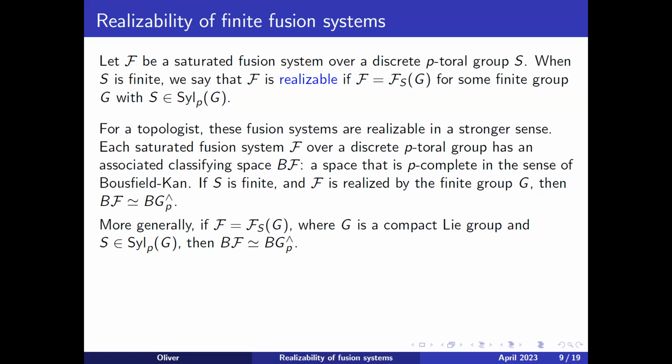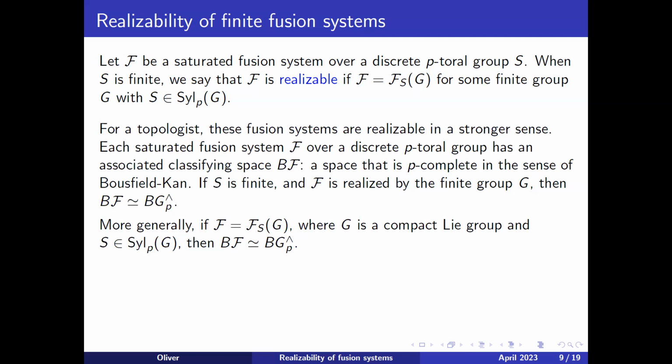For topologists, these are realizable in the sense that each saturated fusion system over a discrete p-toral group has an associated classifying space. And there's not time here to define what that means.